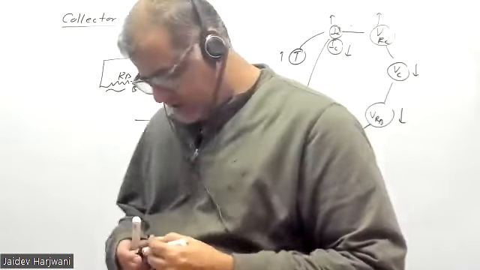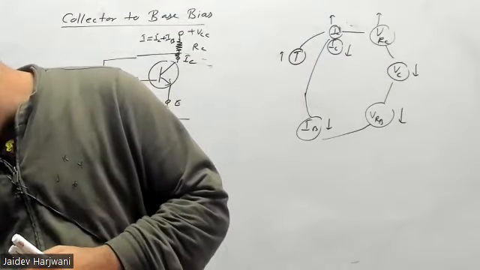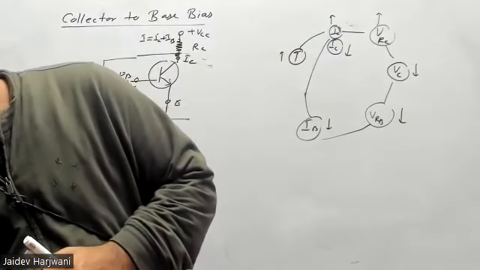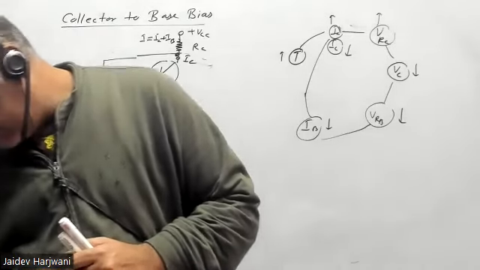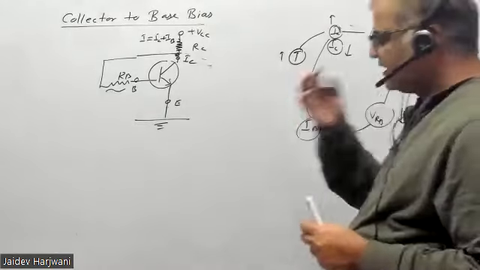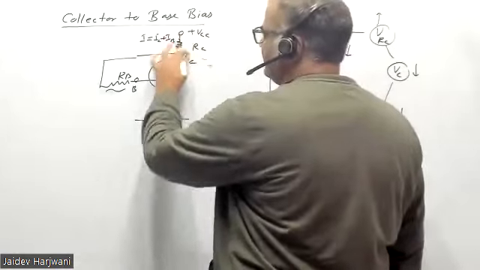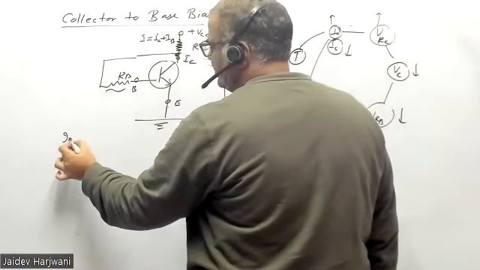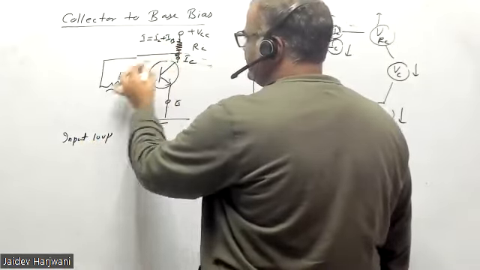So what this circuit is basically doing is controlling the effect of IC. Let us see in the circuit what happens, then you will understand. Say I want to apply the input loop. So the input loop is this one.